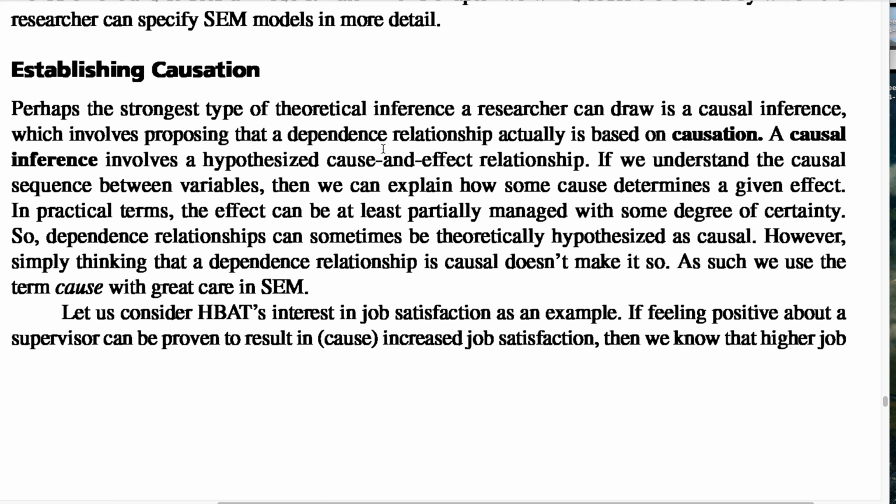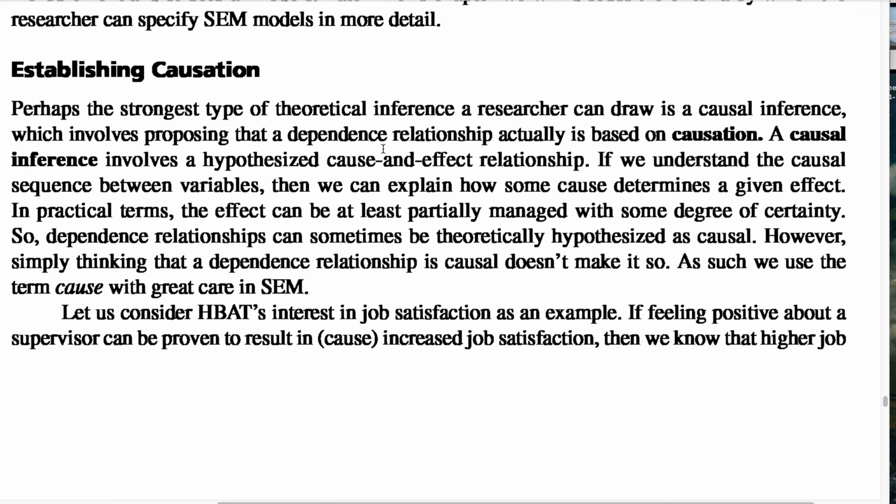Let's talk about establishing causation. Perhaps the strongest type of theoretical inference a researcher can draw is a causal inference, which involves proposing that a dependence relationship is actually based on causation. A causal inference involves a hypothesized cause and effect relationship. If we understand the causal sequence between variables, then we can explain how some cause determines a given effect.